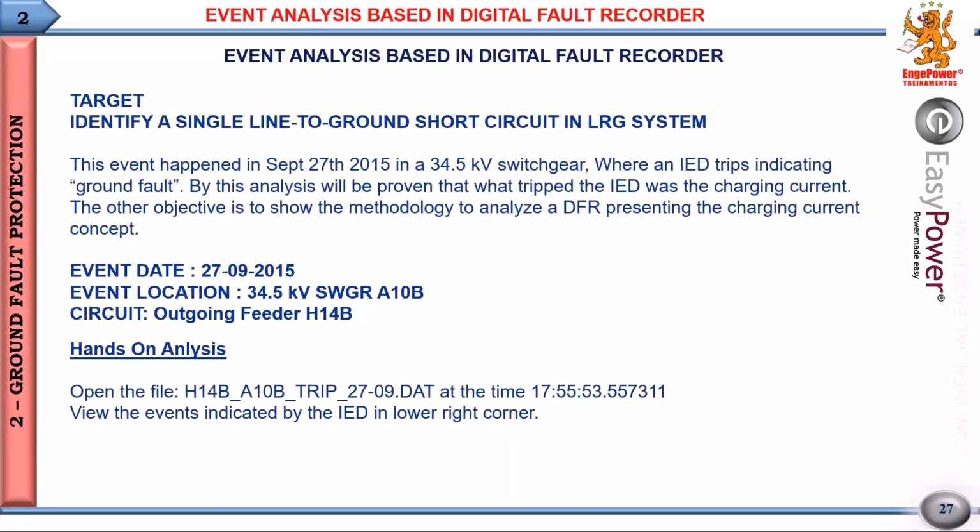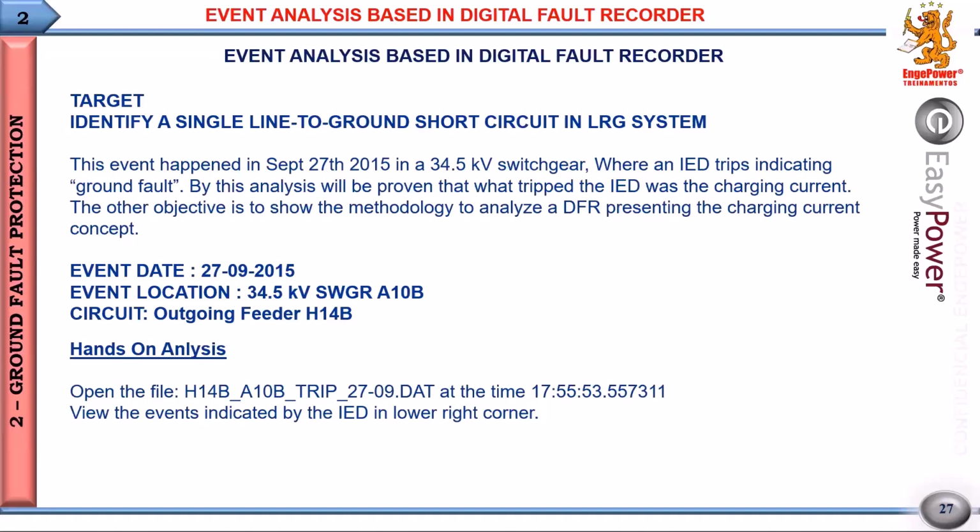A few years after the discussion we had about the direction of the currents, an event happened in a paper and pulp mill plant here in Brazil in 2015. It is at the 34.5 kV level.